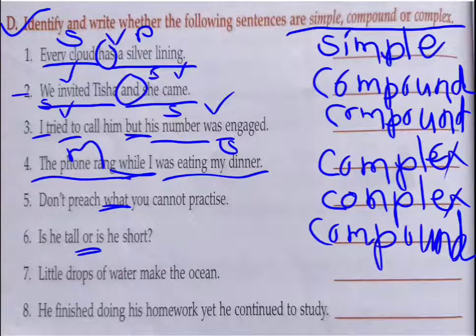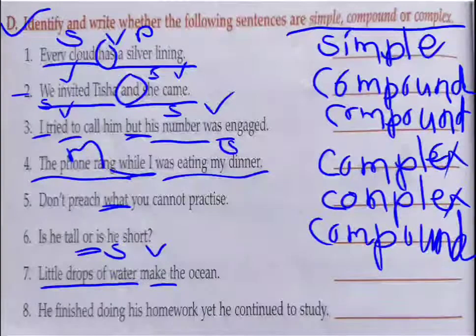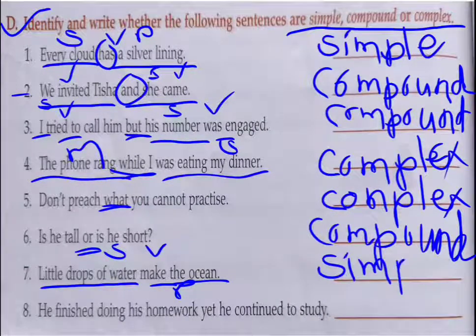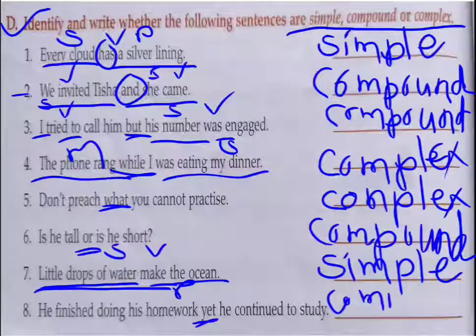Little drops of water is the subject, make is a verb, make the ocean is known as the predicate. This is a simple sentence, only one clause. Now look at number 8. He finished doing his homework, yet he continued to study. It's joined with yet. It's known as a compound sentence.